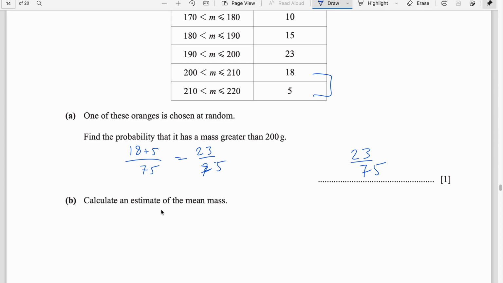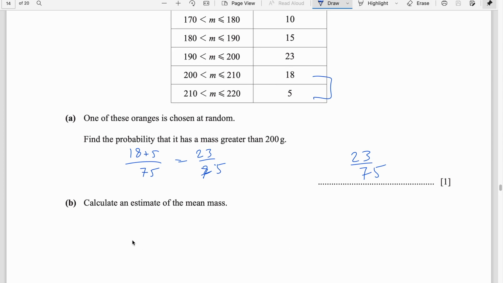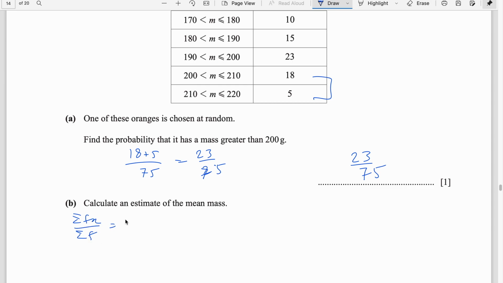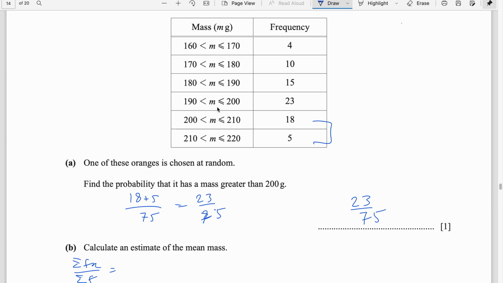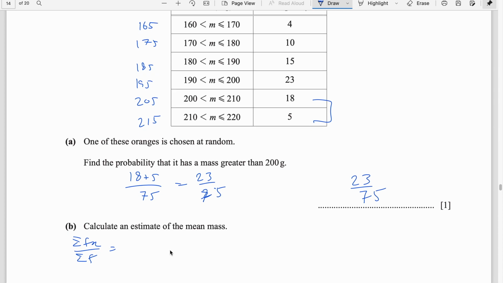B part, calculate the estimate of mean. So mean is summation fx over summation f. For x, we'll be using the midpoints. Midpoint of 160 and 170 is 165, 175, 185, 195, 205 and 215. Midpoint into f.